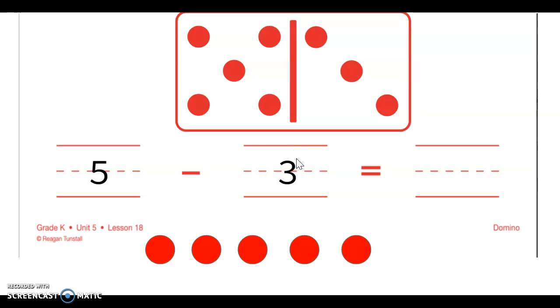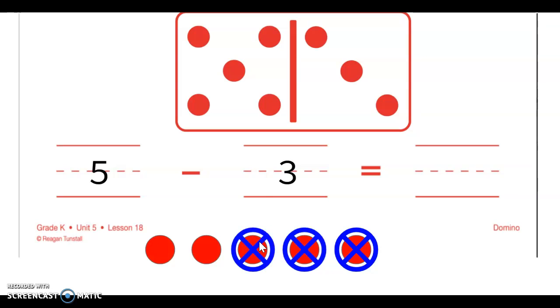And since we have minus 3, you should have taken away 3 counters because minus means take away. So 1, 2, 3. And then your number sentence should have said 5 minus 3 equals 2. If you have that, good job. Give yourself a round of applause.